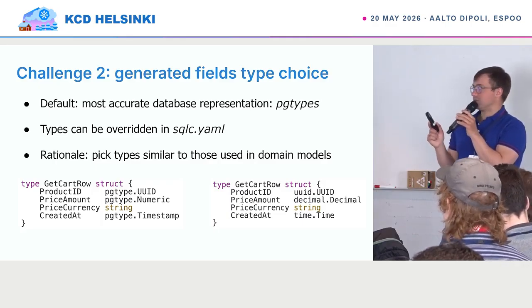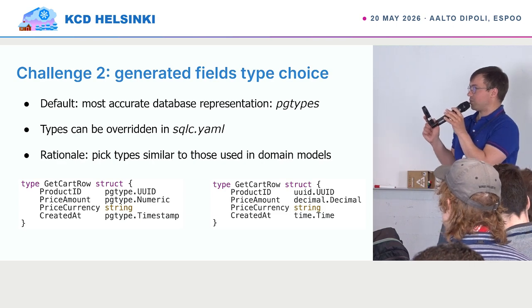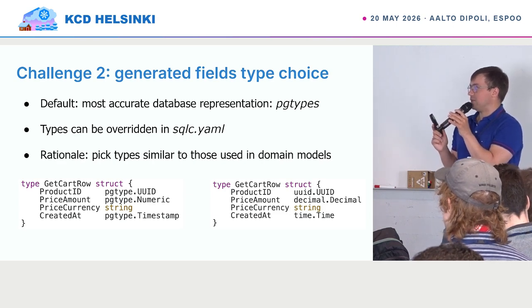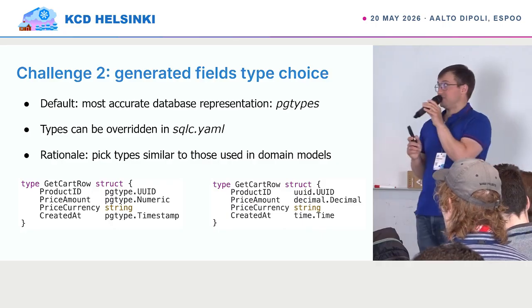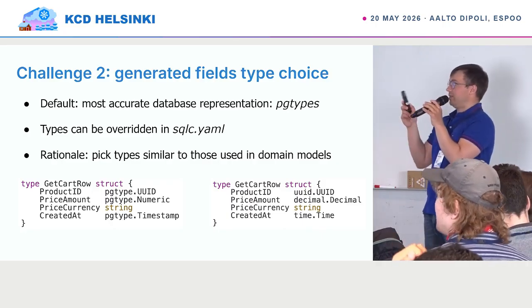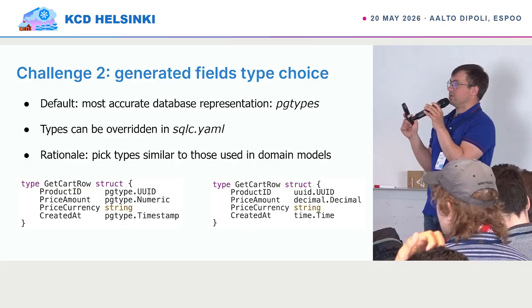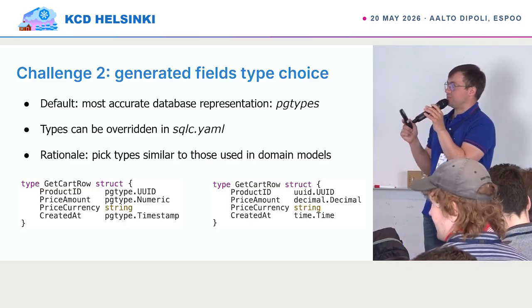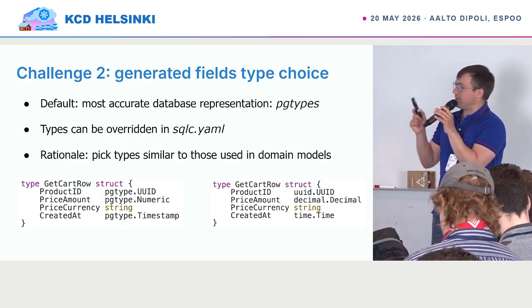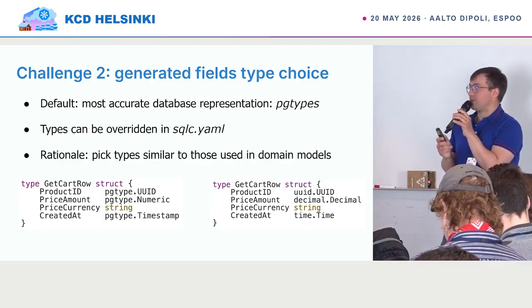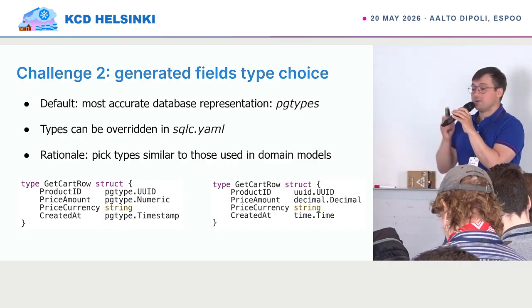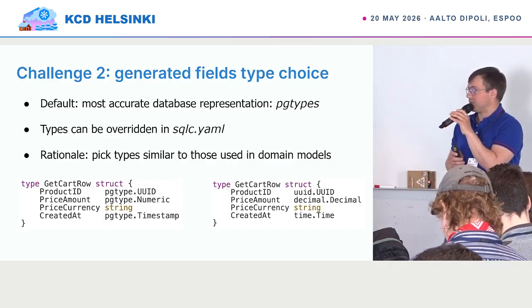If you don't use any type overrides, then by default sqlc tries to use the most accurate database representation of the type, which corresponds to the pgx driver pg types like UUID, numeric, timestamps and so on. But this behavior can be overridden in the YAML configuration file.